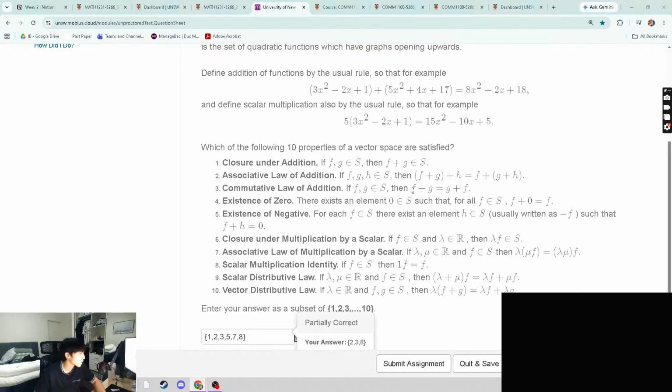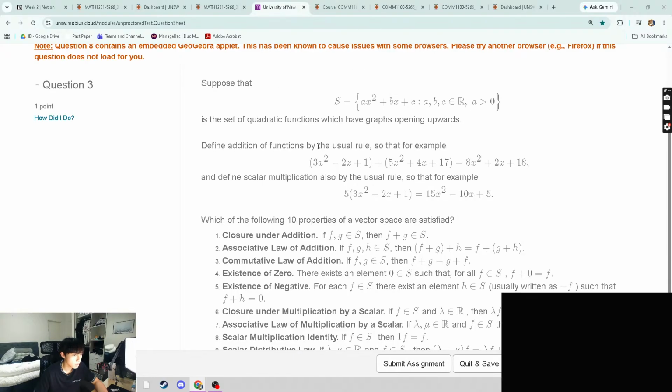The question I specifically have is, well, firstly, closure under addition works because as long as the a is larger than 0, which it always will be for it to be in set S, addition of two positive numbers would always ensure that the coefficient of a is always larger than 0, and it would always be, in the simplest form, a quadratic one way or another.